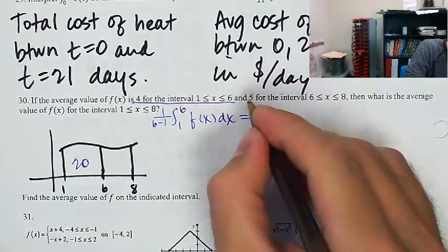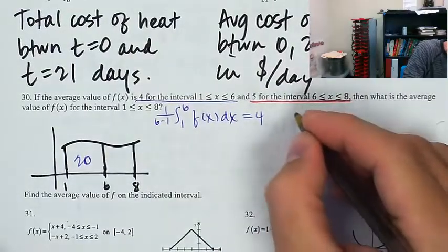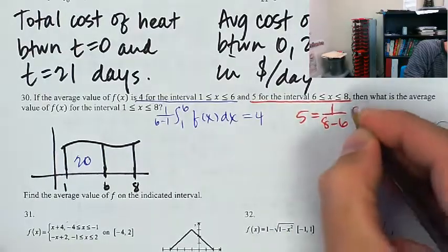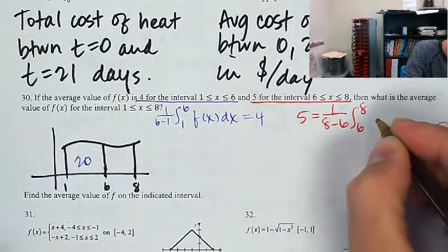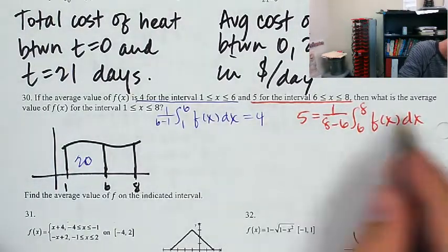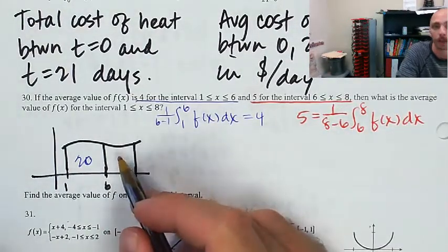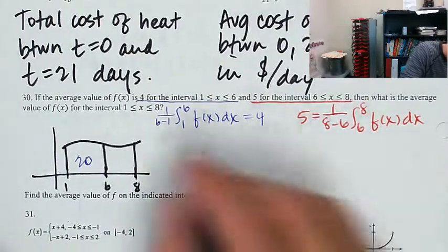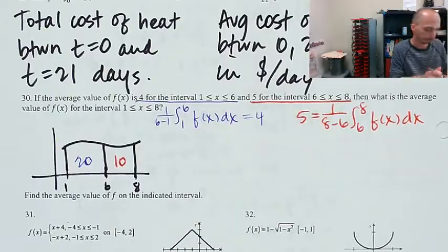And then over here, on 6 to 8, the average is 5. So 5 is 1 over 8 minus 6 times the integral from 6 to 8. If I was trying to solve for this integral to find out how much area to put in that box there, I'm going to multiply both sides by this 2 to get rid of the fraction. So that means that this area is 10.